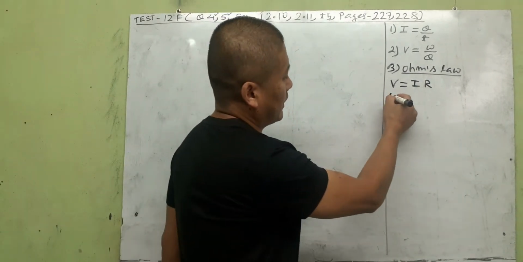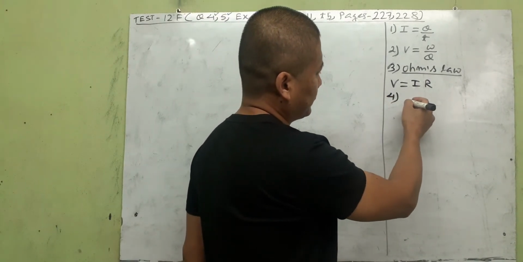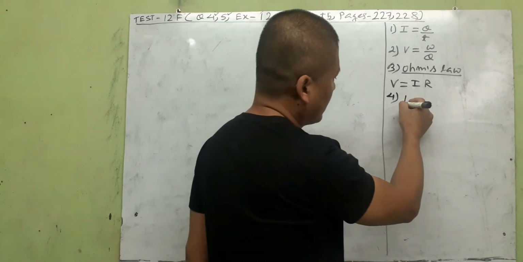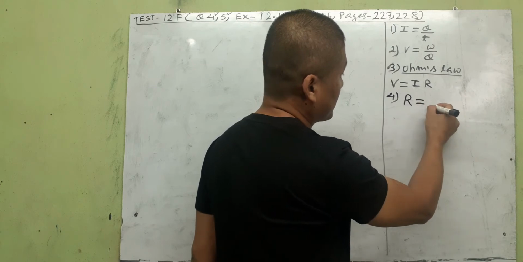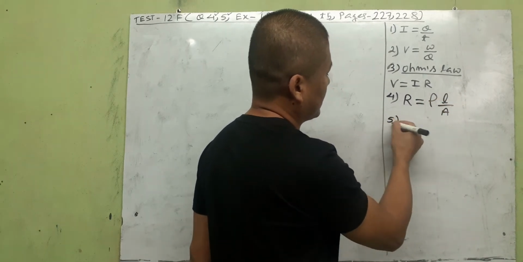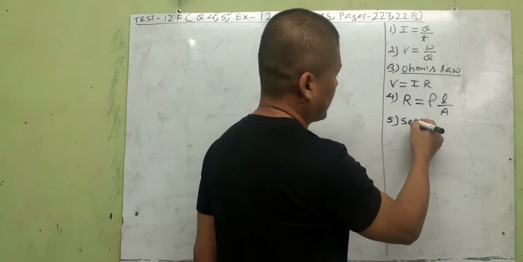Then the fourth formula is the specific resistance formula, that is resistance is equal to specific resistance rho into L by A. The fifth one is resistor connection in series.